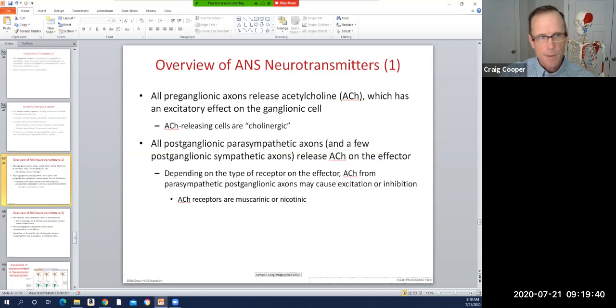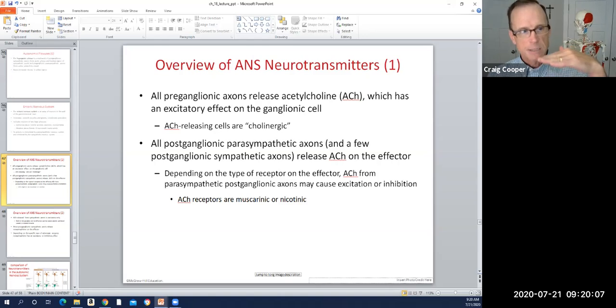And again, when we talk about exciting or inhibiting, it refers to how much of a change in polarity it is going to cause to that next neuron's resting membrane potential. And we'll get into this more with physiology next semester, but essentially nerve cells are believed to have a resting membrane potential of about -70 millivolts. So if we get an excitatory message, that's going to make that resting membrane potential be less negative.